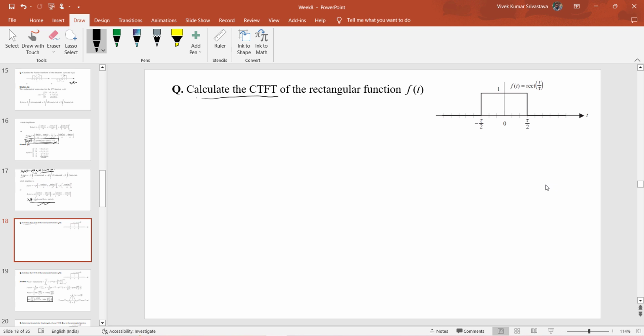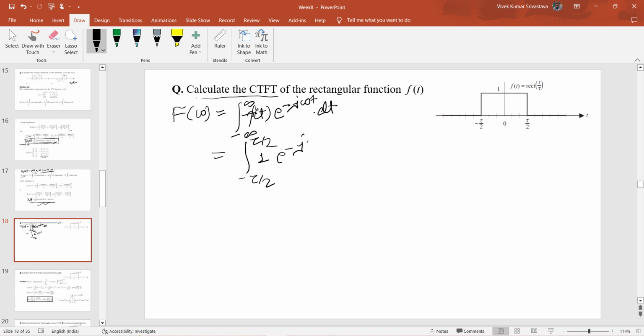We have to find the value of F(omega), so we will use this expression: the integral from minus infinity to infinity of f(t) e^(-j omega t) dt. Now we can integrate it from minus tau by 2 to tau by 2. f(t) is 1 between these limits, so this will be equal to the integral of e^(-j omega t) dt.